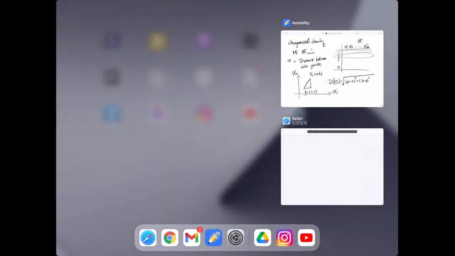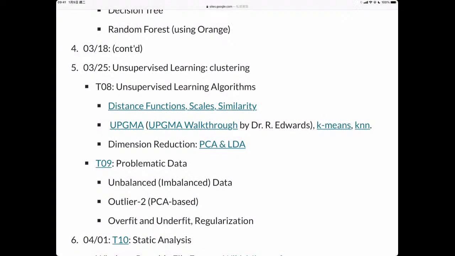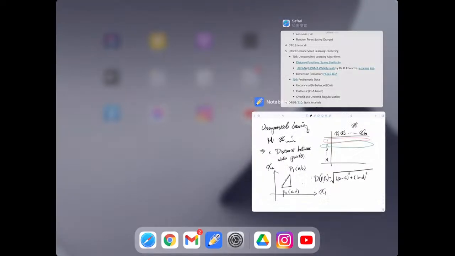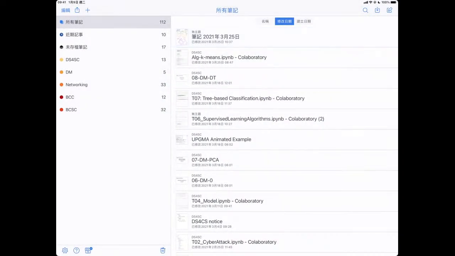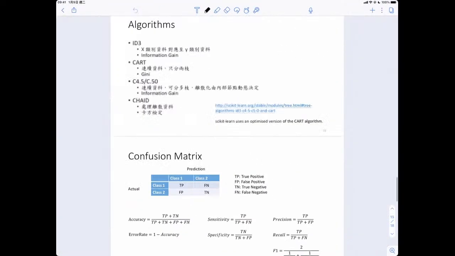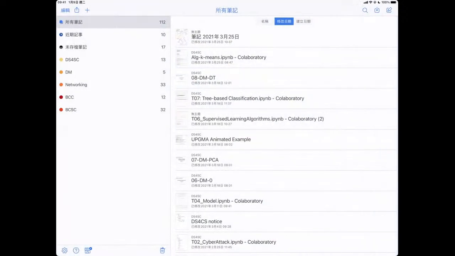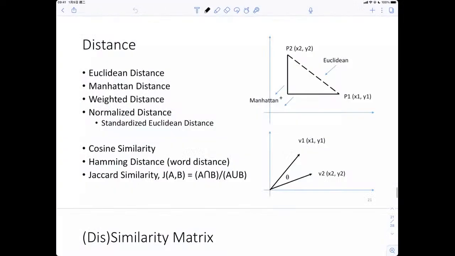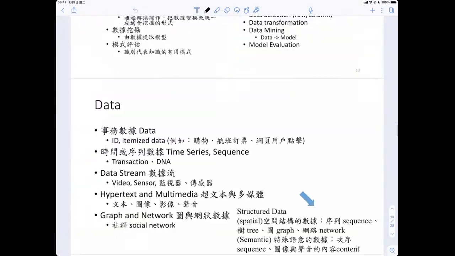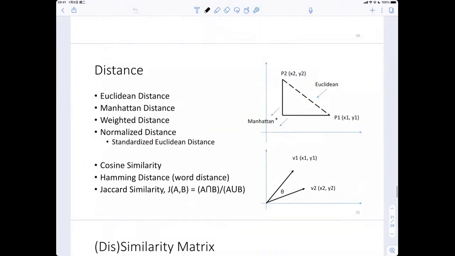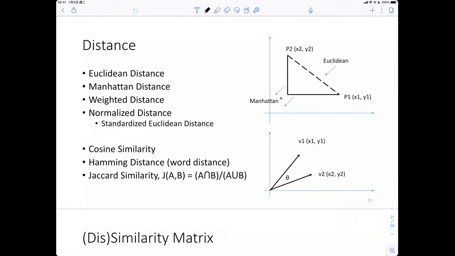If we go back to our website, here is a slide called Distance Function, Scale, and Similarity, and you may take a look at this slide. Simply go to the distance part, which is page 21. If we don't have any target, there are just a lot of data points in a multi-dimensional space.